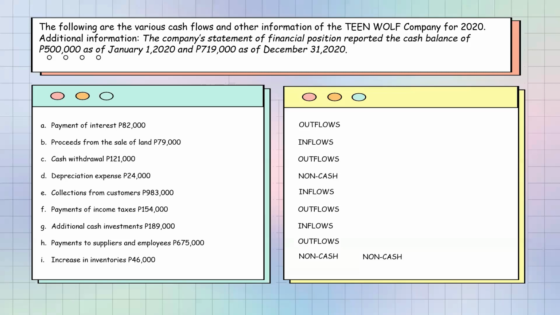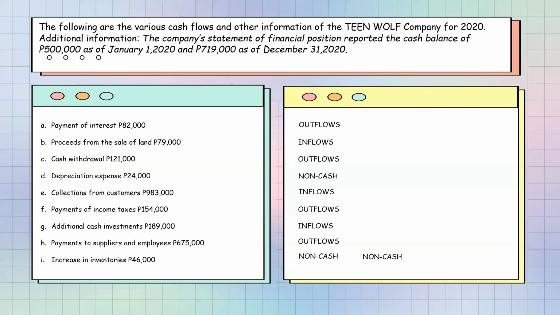So, again, yan ay non-cash. Kasi, same with depreciation expense, non-cash transaction din siya kasi nag-increase lang naman yung inventory. Wala namang cash na involved based on the transaction na given. Kapag sinabi naman dyan na payment in inventory, yun naman yung may outflow kasi sinabi niyang payment.